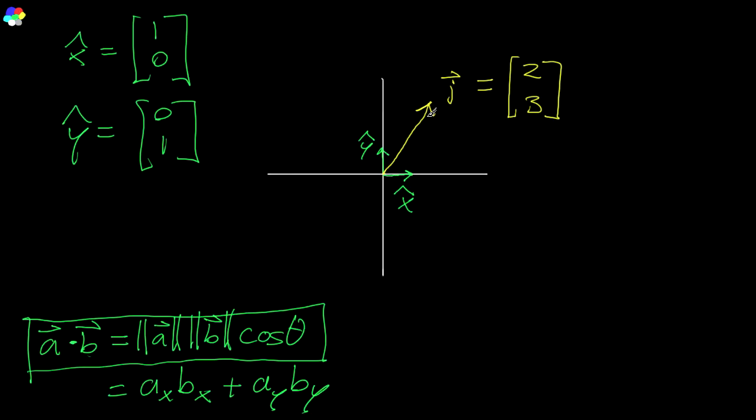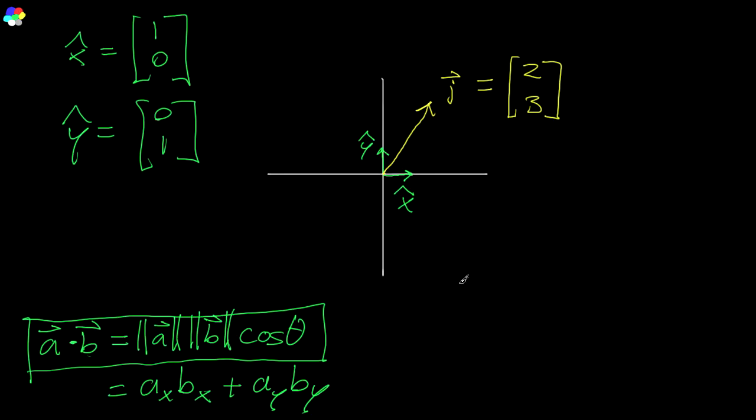Now, one of the most common uses that I have for dot product is to figure out how much of one vector is going in a certain direction. The way we do that is we define our direction with a unit vector in that direction. So let's define some basic ones. y hat will be the unit vector going in the y-axis, and x hat will be the unit vector going in the x-axis. Let's say we want to know how much of j is going in the x direction.